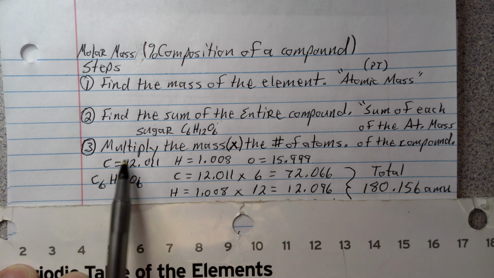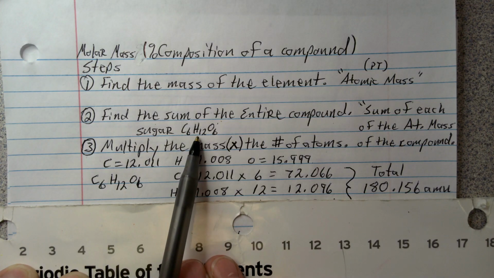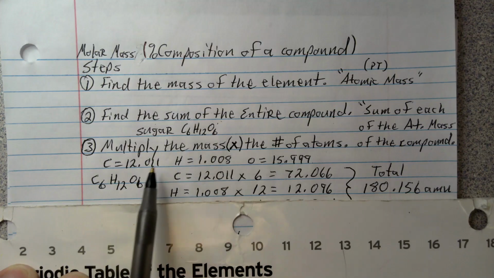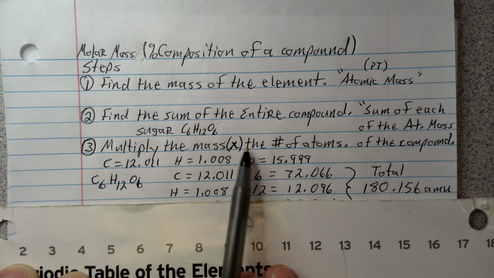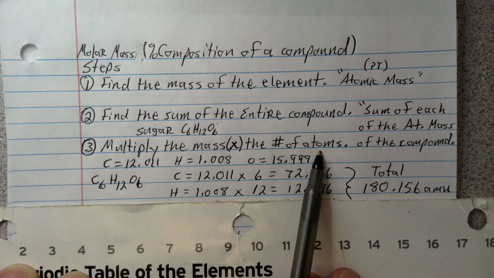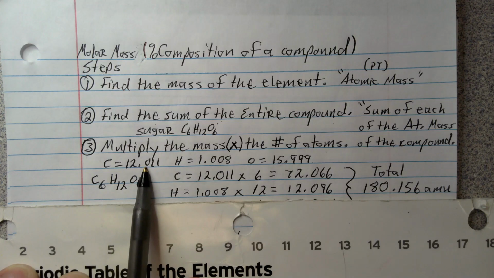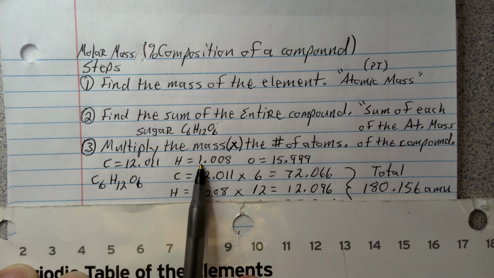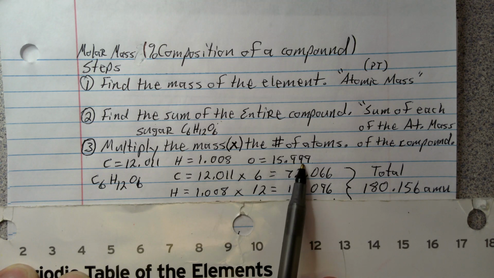The way that we do this, though, is we have to remember that there are 6 carbons, 12 hydrogens, and 6 oxygens. So we're going to multiply the mass by the number of atoms. So carbon is 12.011, hydrogen 1.008, and oxygen is 15.999.